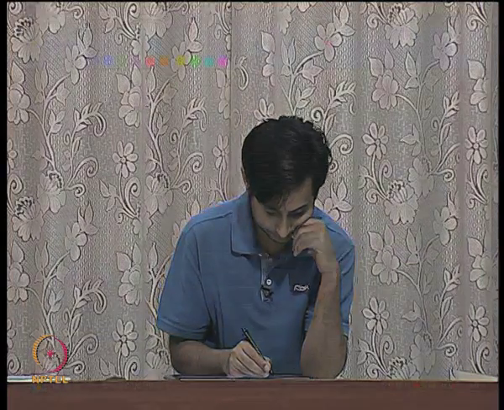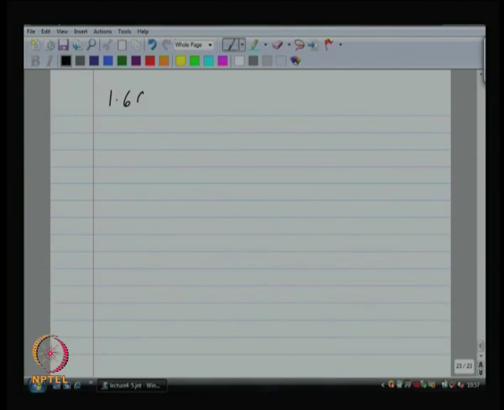Suppose we are talking about the transmitter inside your cell phone, and suppose we are talking about GSM, right, and one of the bands of GSM is from 1.6 gigahertz to let us say 1.8 gigahertz. These numbers might not be exactly accurate, but let us say this is the case.